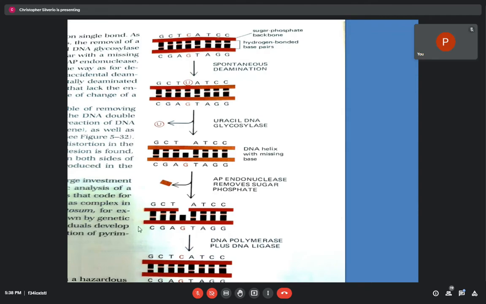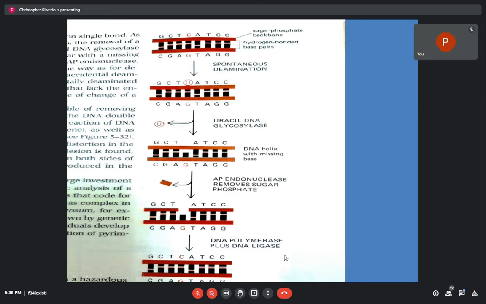So there is a gap here and here, here and here. There's a nick, and that gap will be repaired by the enzyme known as ligase.